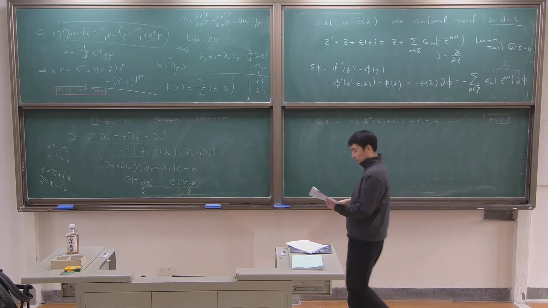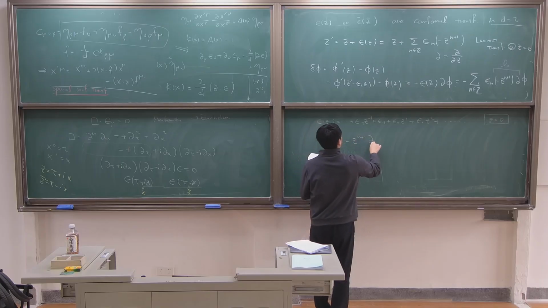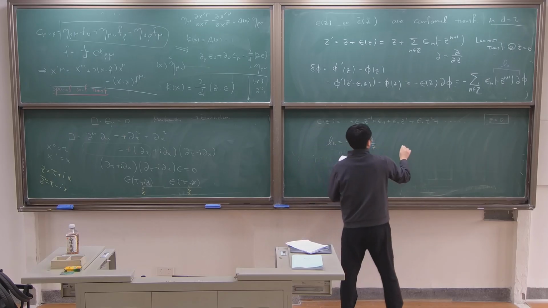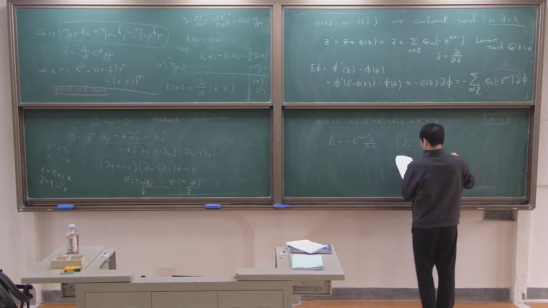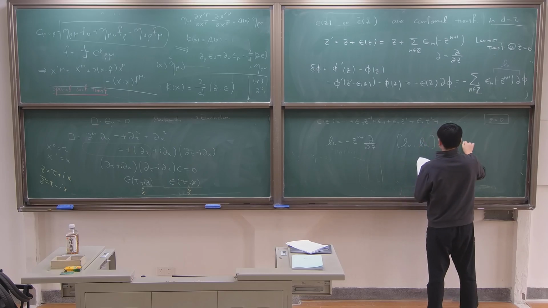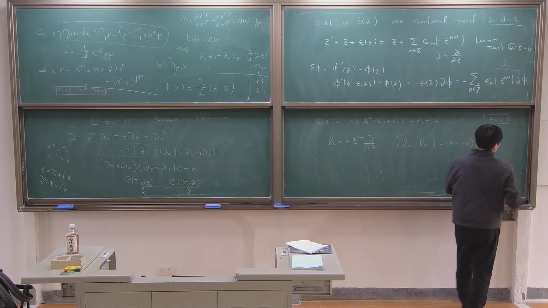Okay. This L_n I define as minus z to the n plus 1 times the holomorphic derivative, and this will satisfy the following commutation relation: [L_m, L_n] equals (m minus n) L_{m+n}.